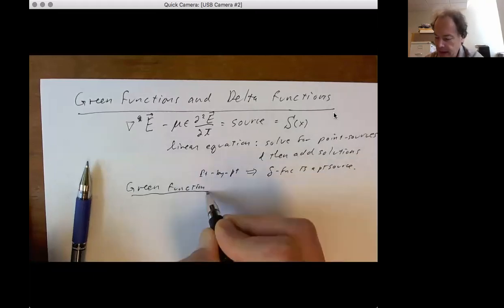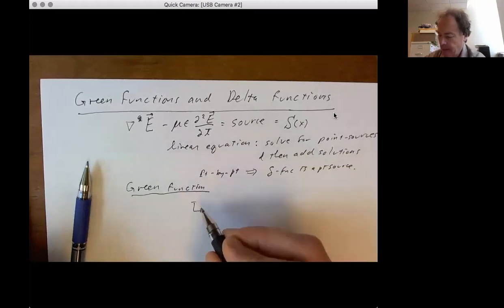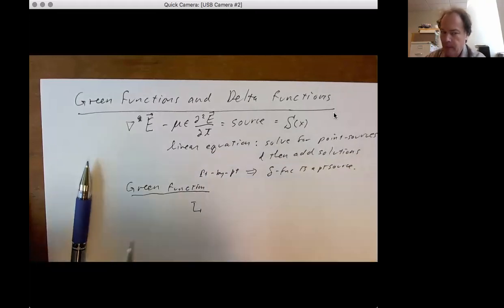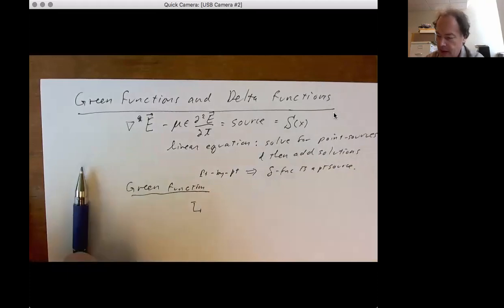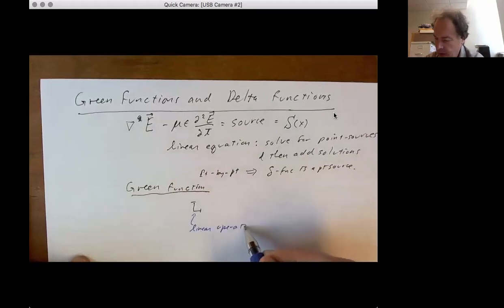We'll take some linear operator we'll call L. Think of it as a linear operator such as, for example, del squared minus mu epsilon partial t squared.